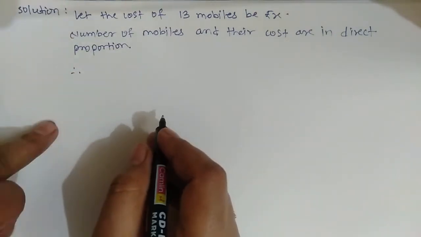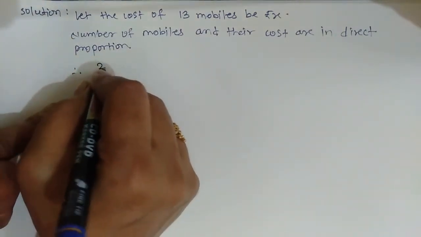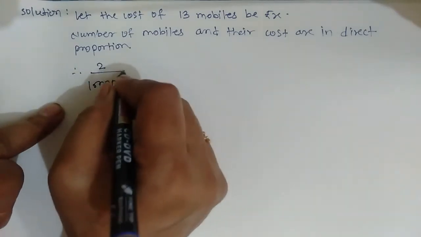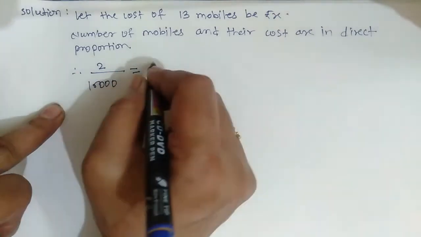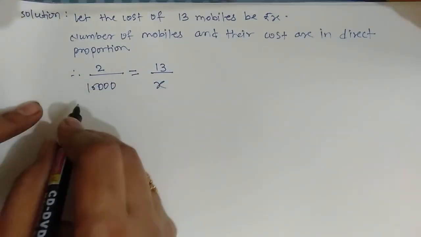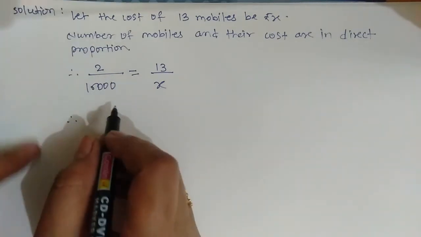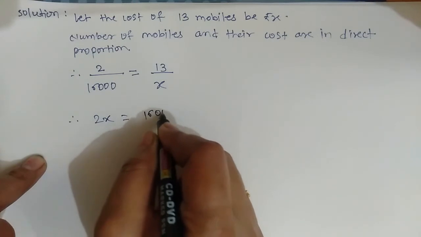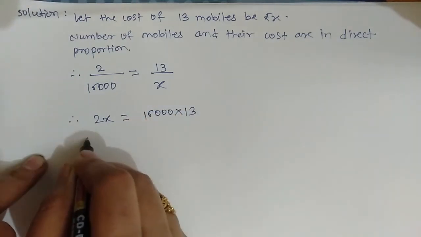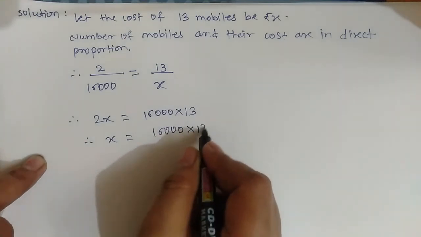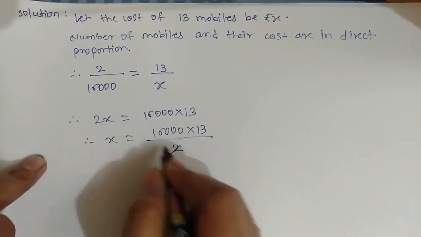So we got the ratio. 2 mobile cost is 16,000 is equal to 13 mobile cost is X rupees. Now solve this ratio. So 2 times X is equal to 16,000 multiplied by 13. Therefore X is equal to 16,000 multiplied by 13 upon 2.